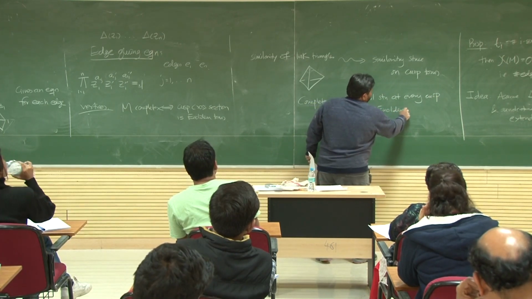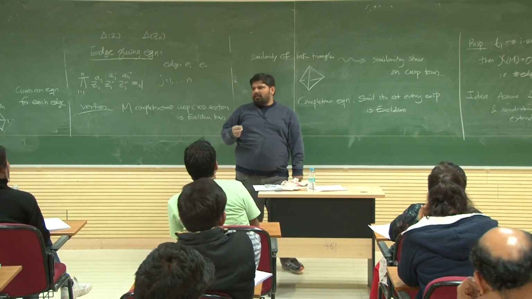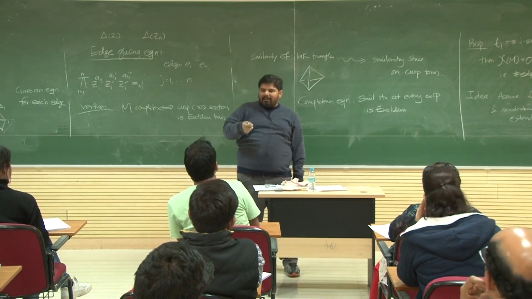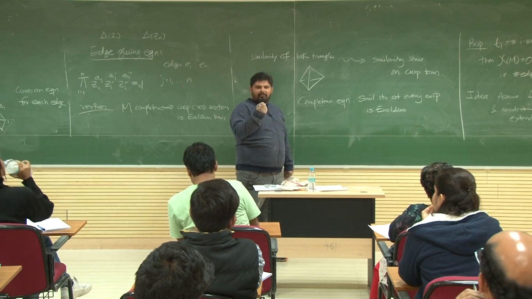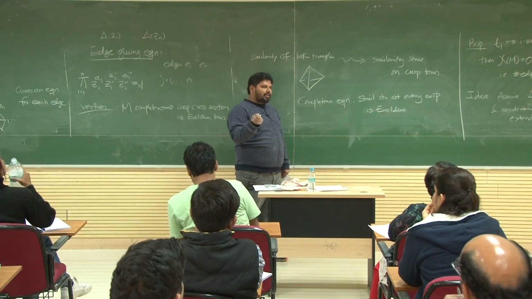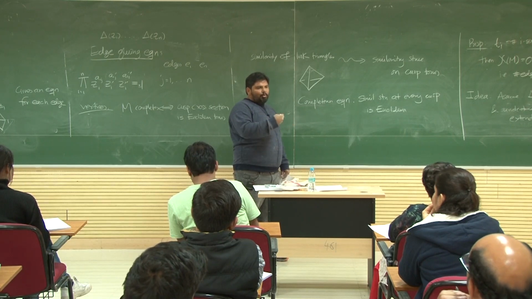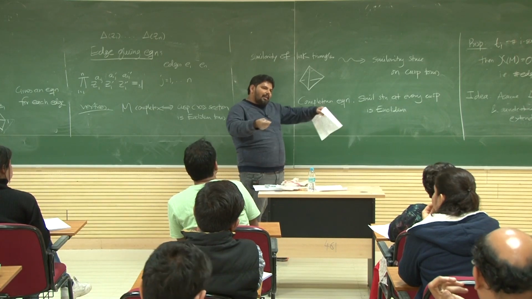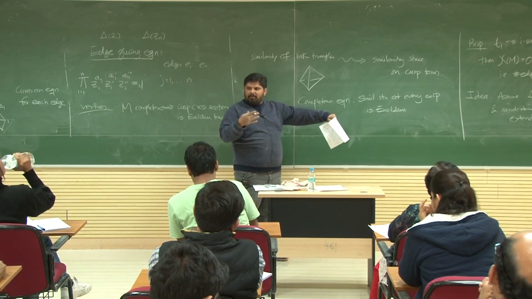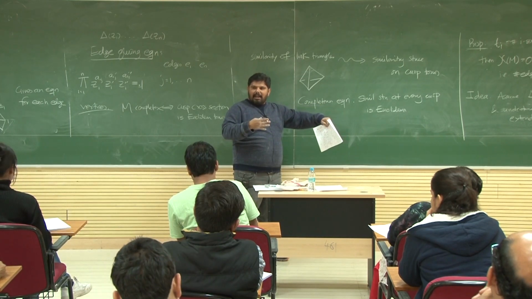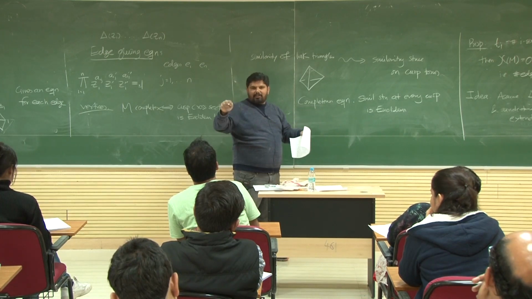Now the way this is done is, you pick a meridian and longitudinal basis for every cusp torus, and for every meridian and every longitude you get an equation which is encoding the dilation, right. What is the difference between similarities and isometries? Isometries are similarities with dilation factor 1.